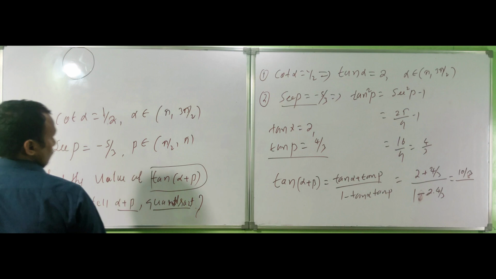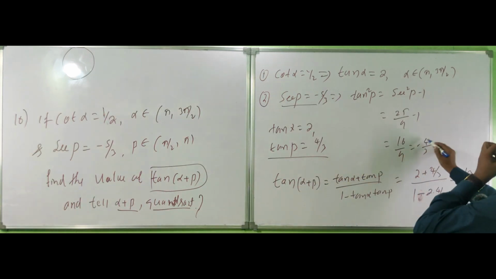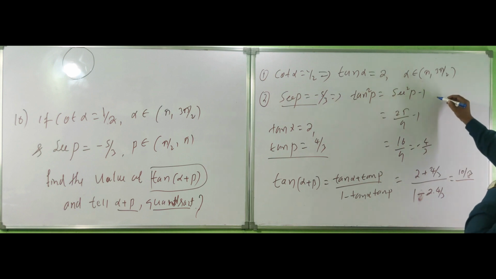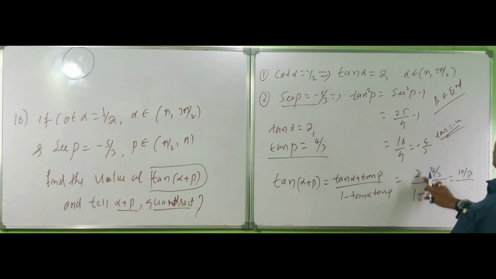Okay, I should consider here. This is the minus because, okay sir, beta lies in the second quadrant. Beta belongs to the second quadrant. In the second quadrant, tan is negative. So this becomes plus.